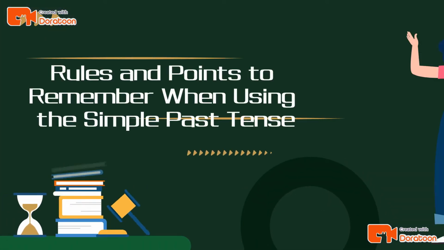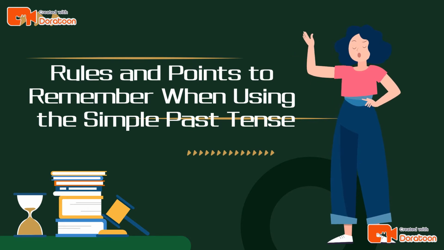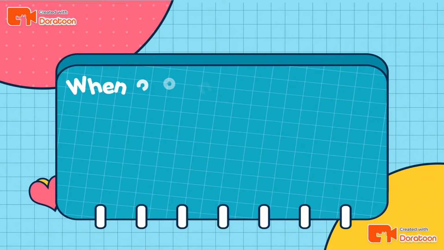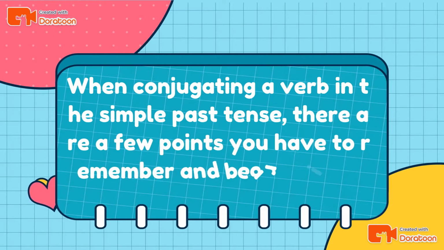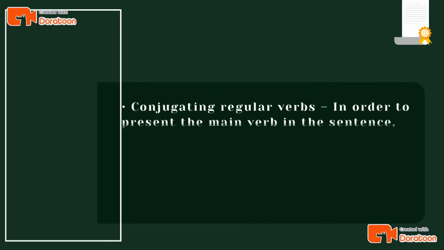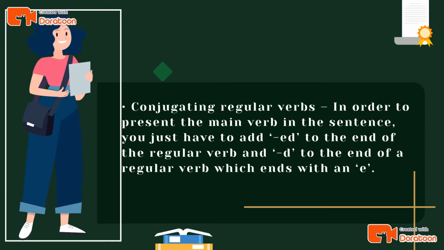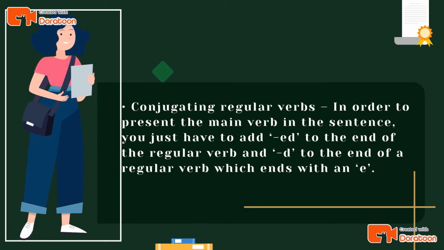Rules and points to remember when using the simple past tense. When conjugating a verb in the simple past tense, there are a few points you have to remember and bear in mind. First, conjugating regular verbs. In order to present the main verb in the sentence, you just have to add ed to the end of the regular verb, and d to the end of a regular verb which ends with an e.